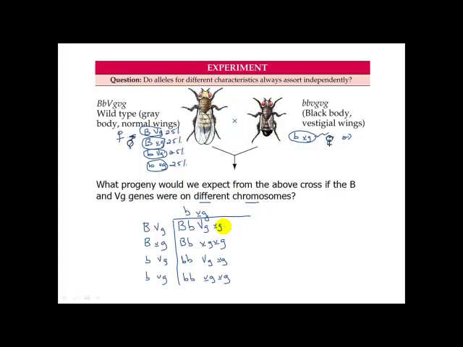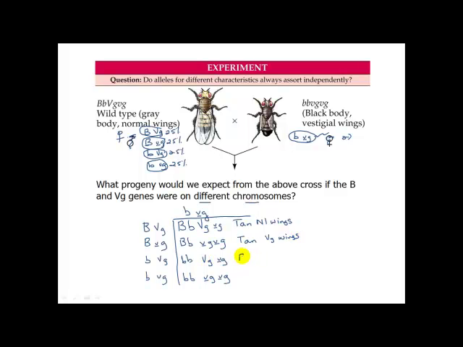And what would be the phenotypes associated with that? Well, based on the dominance relationship, these would have normal tan bodies and normal wings. I'm just going to abbreviate normal as NL. These would have normal tan bodies but vestigial wings.